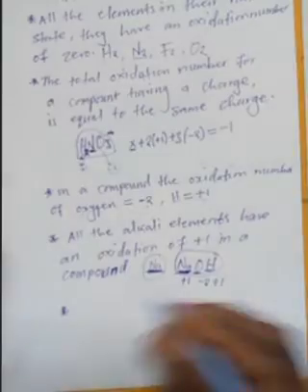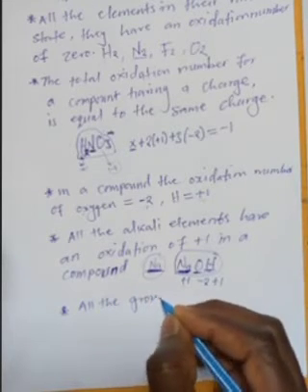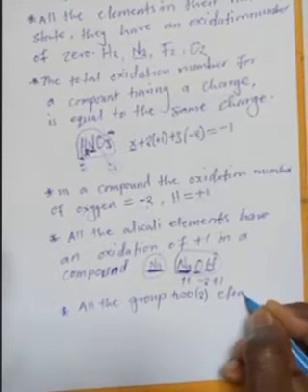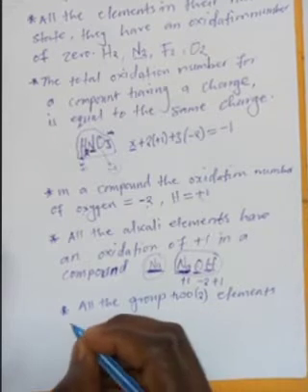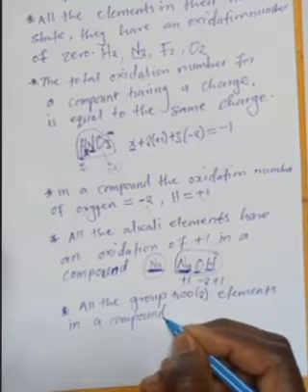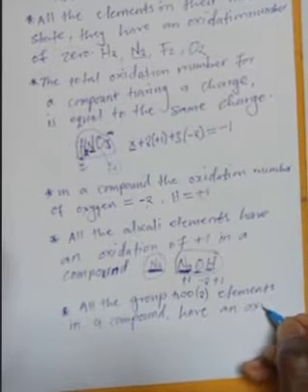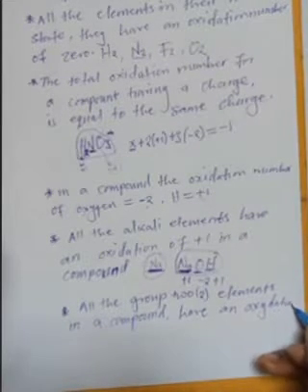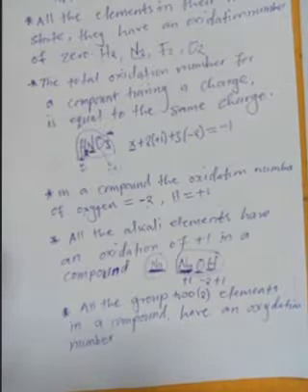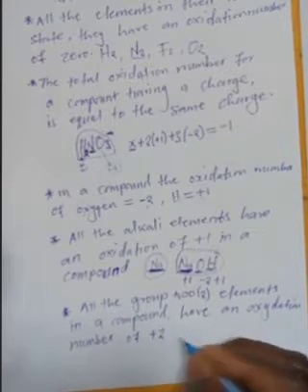Okay, we go to the other rule. We say all the group 2 elements in a compound, comma, have an oxidation number of +2.